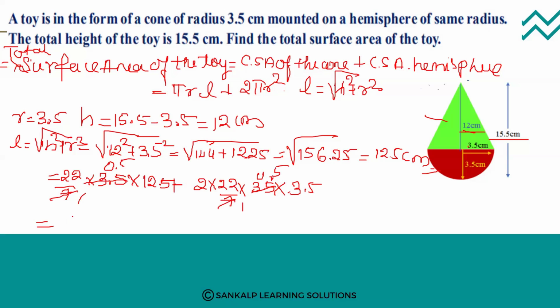So 22 into 0.5 into 12.5 plus 44 into 0.5 into 3.5. If you multiply all these values and add these two values, then you will get 214.5 centimeters square. Okay, final value is 214.5 centimeters square. This is the total surface area of the toy.